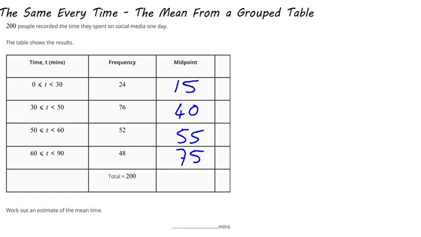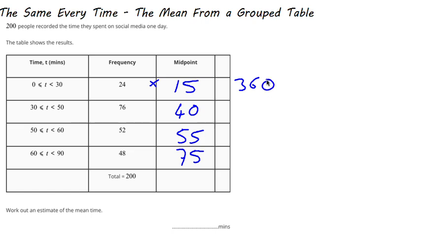Now the next thing that we have to do is the frequency multiplied by the midpoint. So I'm now going to do, for each of my midpoints and my frequencies, 24 multiplied by 15.